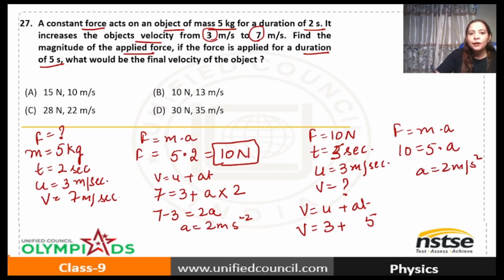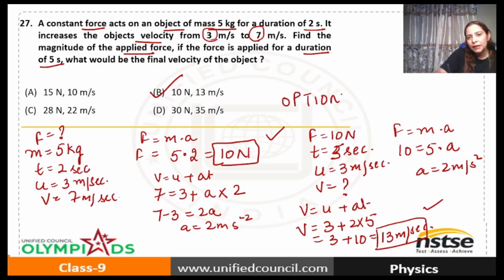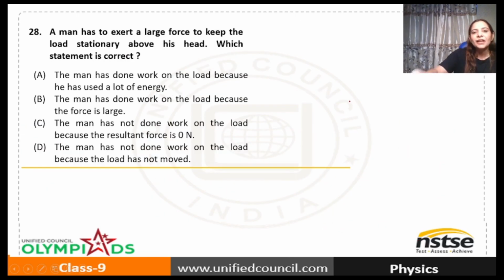So putting the value of a here, it will come out to be 3 plus 10, that comes out to be 13 meter per second. So the option that has these two answers, that is force as 10 Newton and final velocity as 13 meter per second, is the right answer. So which one is right? Option B is correct. Next question.